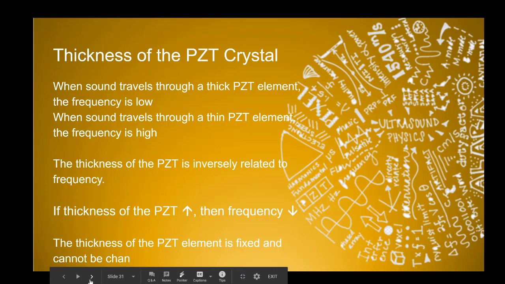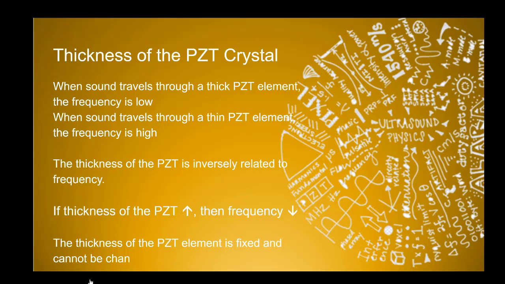The thickness of the PZT crystal then also helps to determine what that inherent frequency is. So when sound needs to travel through a thick PZT crystal, the frequency is low. When sound travels through a thin PZT crystal, the frequency is high. So now the thickness is going to be inversely related to frequency.